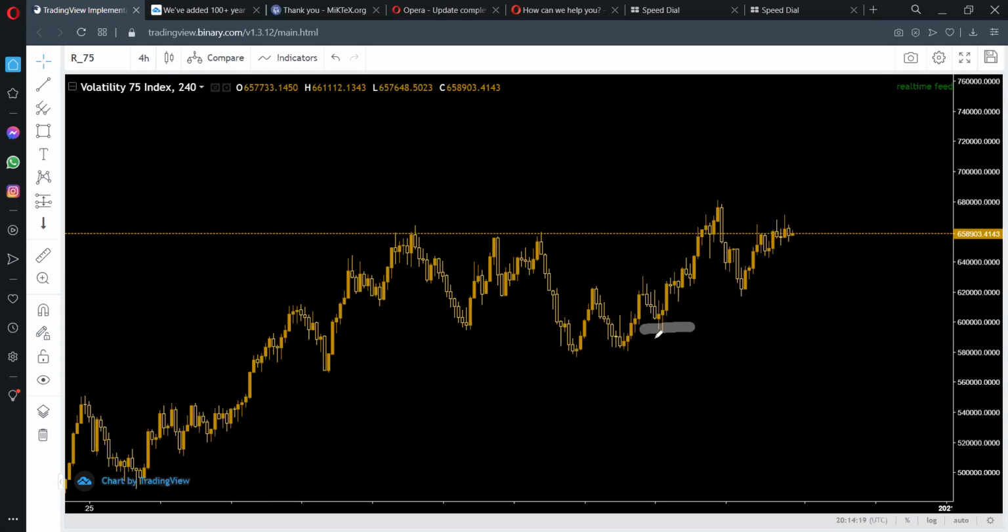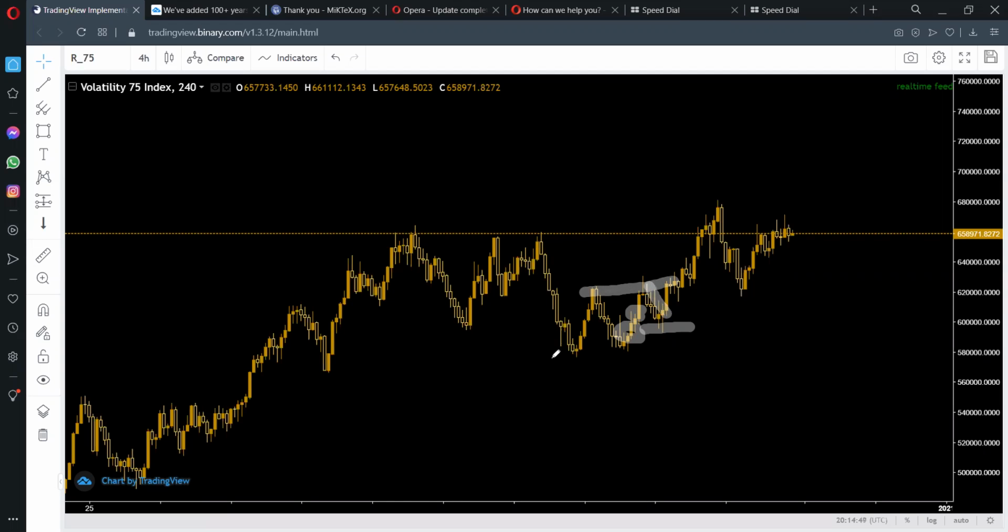Let's say you are using 4 hours to place your trade, your entry will be around here, because you may wait for some candlesticks to finish forming before placing your trade. You will definitely take a loss, because if the market hits this area, we will surely get a rejection.